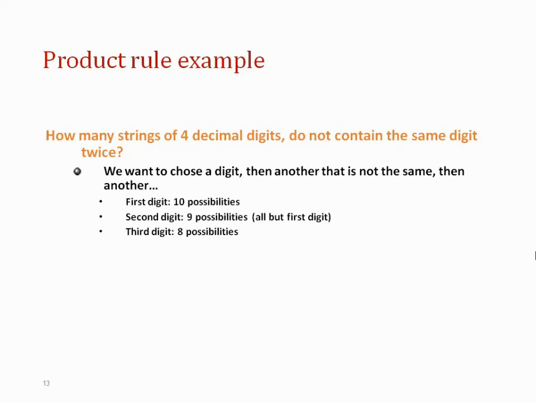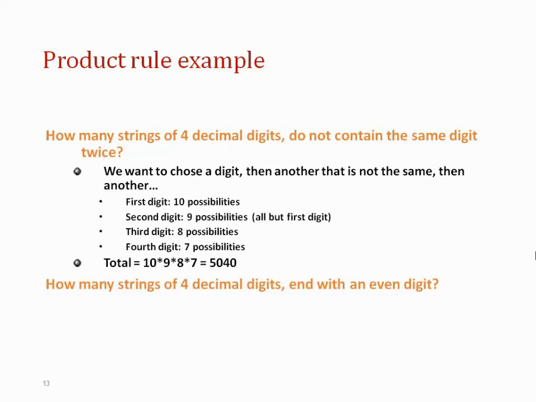Only 9 possibilities will be there. Once you choose the first and second, then you will have only 8 possibilities to choose the third one. So third digit is 8 possibilities and fourth digit 7 possibilities. Like that, 10 into 9 into 8 into 7, which is 5040.